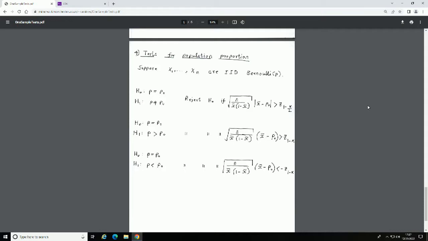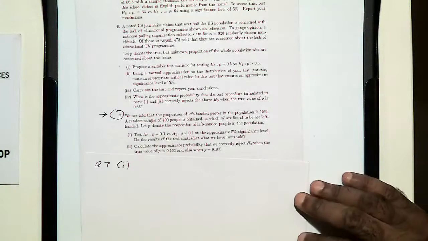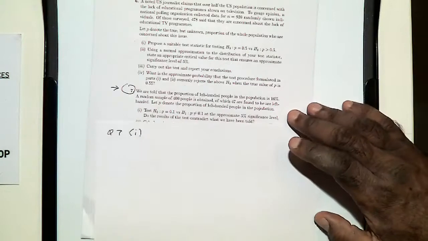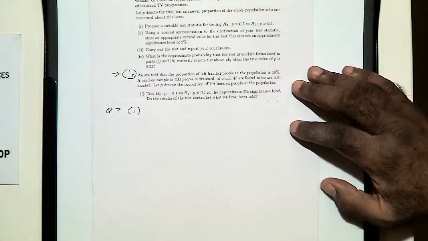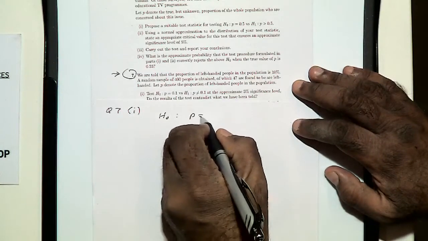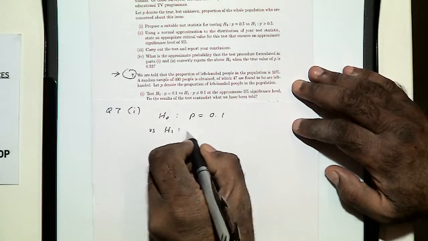Question 7, part 1. Oh, let me change the camera. All right. So we are testing P equal to 0.1 versus P not equal to 0.1.